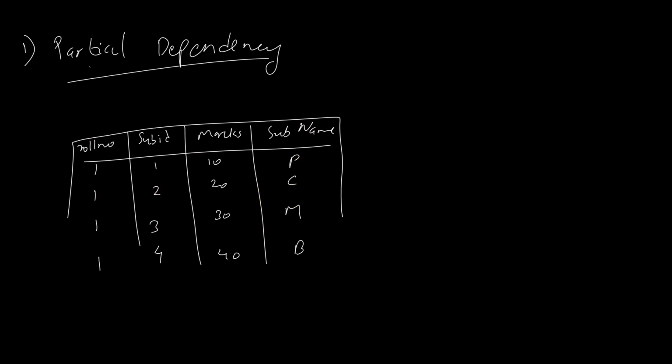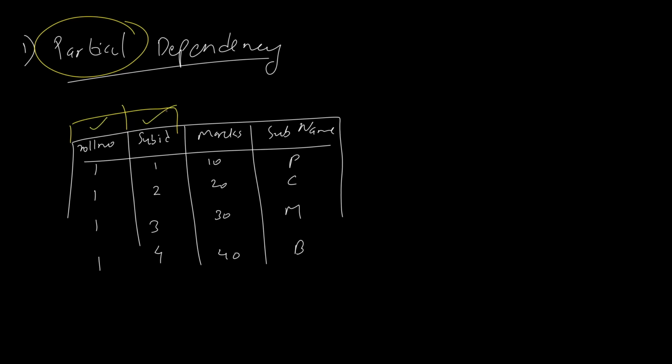So let's go on to partial. Now, partial dependencies are simple enough. You can understand from the term itself that the dependency is partial. For example, if you take a relation like this of, let's say, exam marks, and the marks are defined on top of two bases: the student roll number and the subject ID.